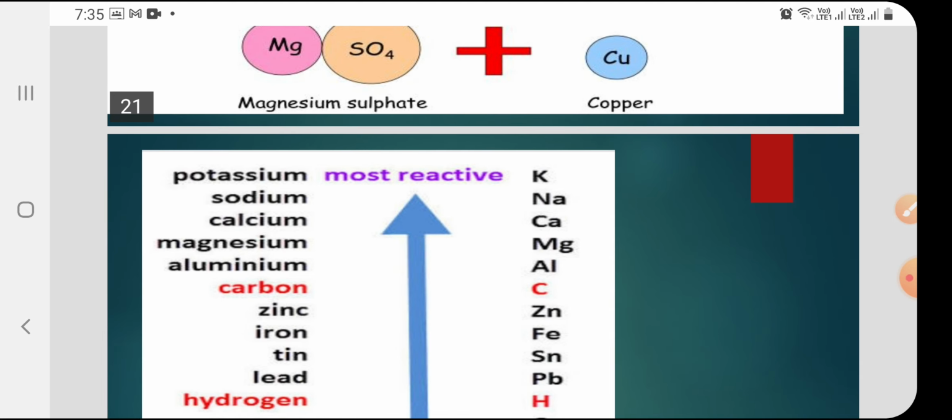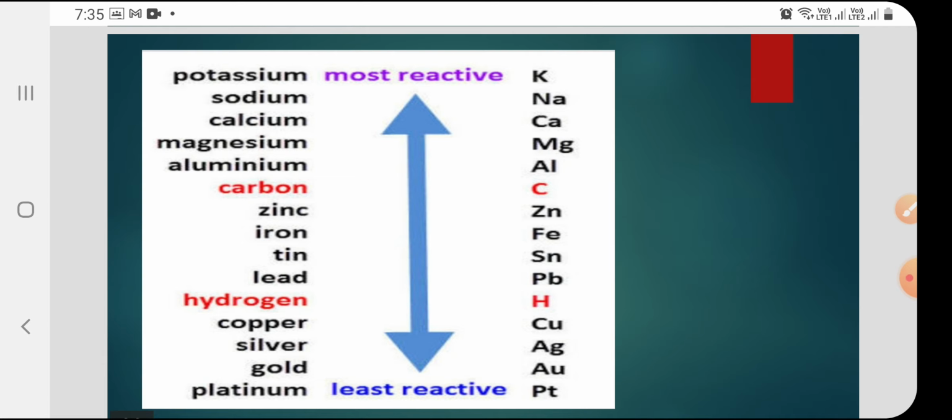Now how should we know which element is more reactive and which is less reactive? So there is a reactivity series in which you can get the idea which element is more reactive and which element is less reactive.